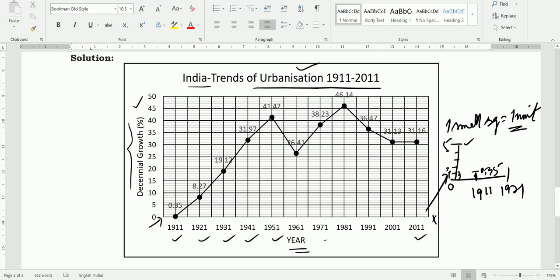And likewise we have 8.27 for 1921. If 5 is here, then 6, 7, 8. 8 is here, then 0.27, a little above this 8.